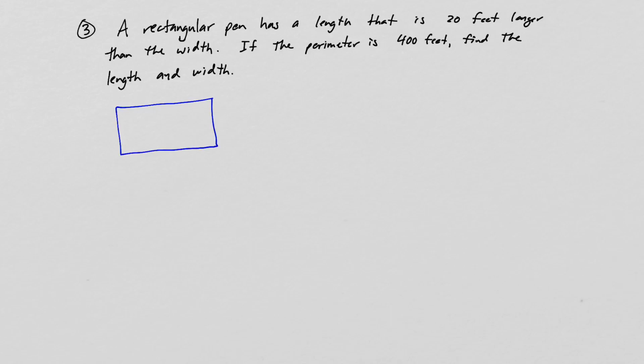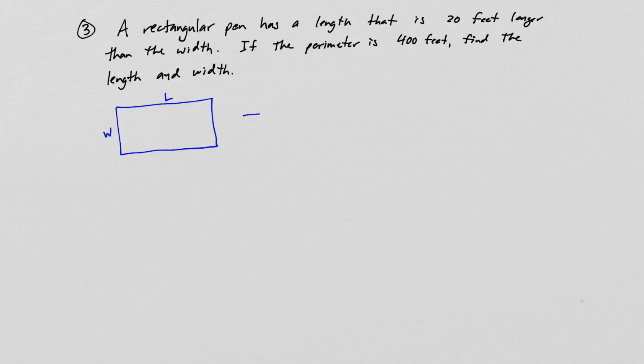So here we have a rectangle that represents this rectangular pin. And we know a rectangle has a width and a length. And so I'll label this side as W for the width, and this side is L for the length. And what we know is the length is 20 feet longer than the width.